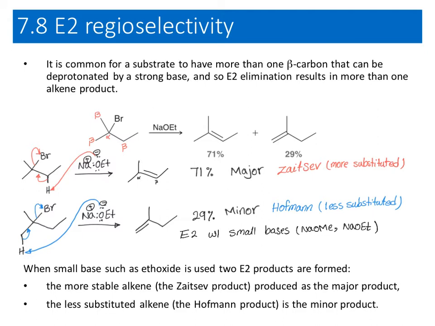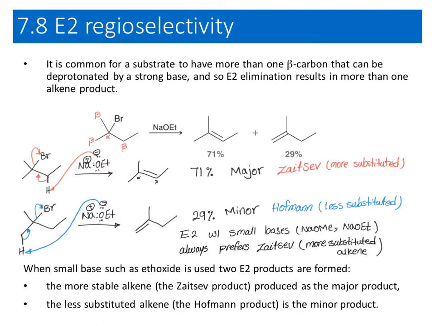So generally small bases always prefer the Zaitsev product, which is the more substituted alkene.